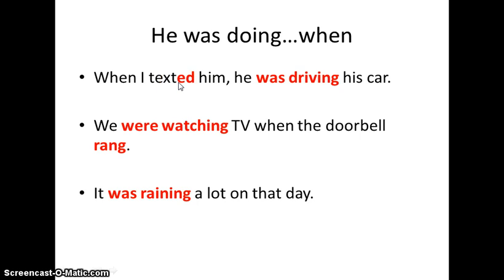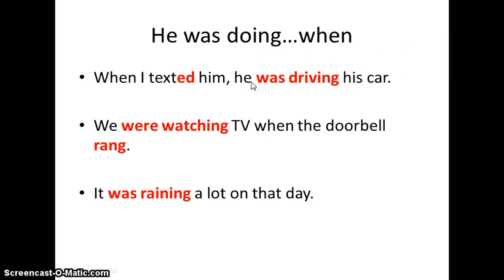So here you are talking about an event that happened at a precise moment in the past. The other one, he was driving his car, we were watching TV, means that this was taking place at the moment. It is be plus -ing in the past.